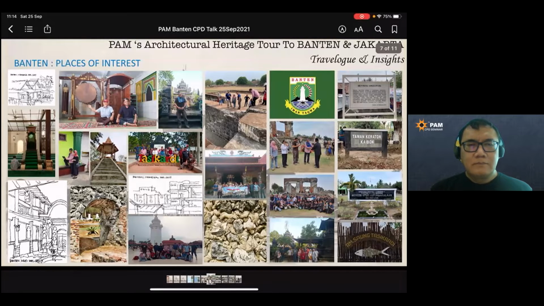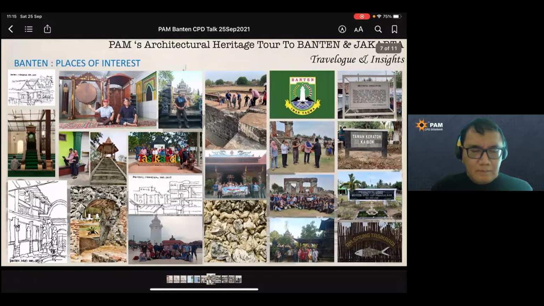And then we visited Museum Purbakala. There's a display of ancient cannons, bronze cannons, a lot of them. So big, you know, that's during Dutch time, in 1500, 1600. And also there's a place called Tasik Kardi. This is like a water reservoir made for the palace and for the people around that area.